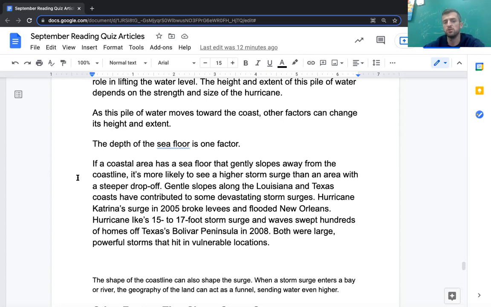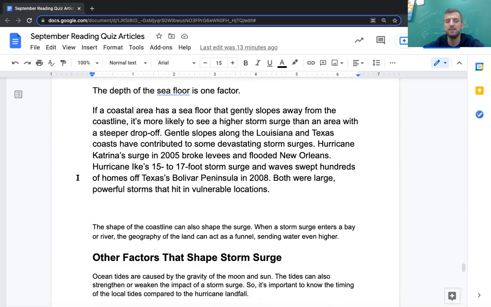Hurricane Katrina's surge in 2005 broke levees and flooded New Orleans. Hurricane Ike's 15 to 17-foot storm surge and waves swept hundreds of homes off Texas's Bolivar Peninsula in 2008. Both were large, powerful storms that hit in vulnerable locations.